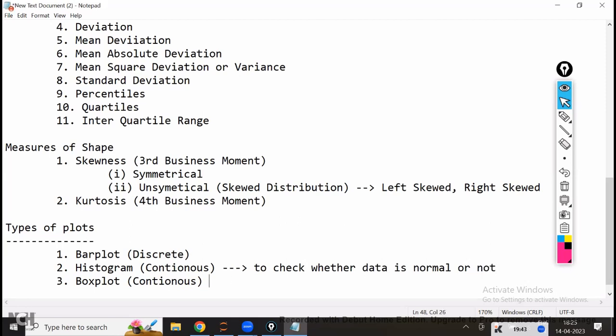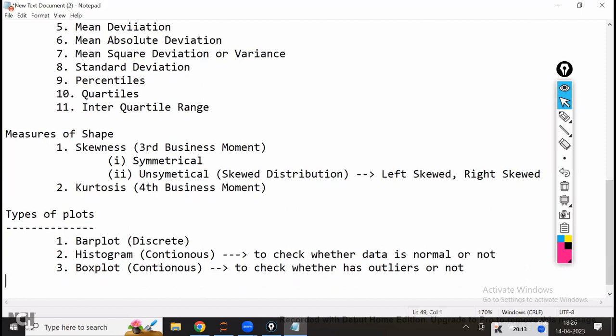Using the box plot, we check whether the data has outliers or not, yes or no. We are not checking how many outliers here. If dots are available, outliers are available. If the dots are not available, outliers are not available.